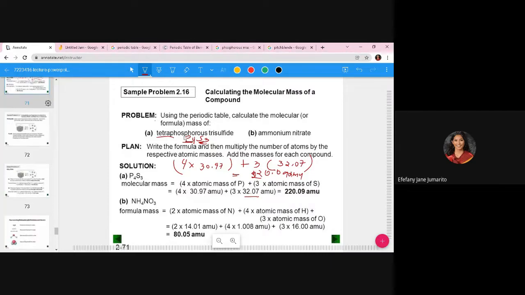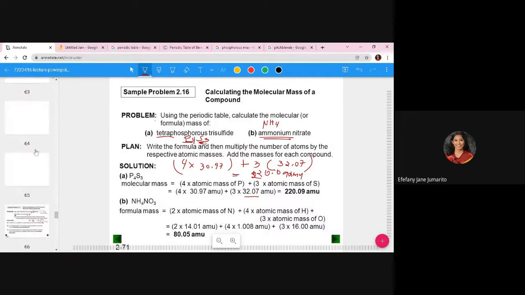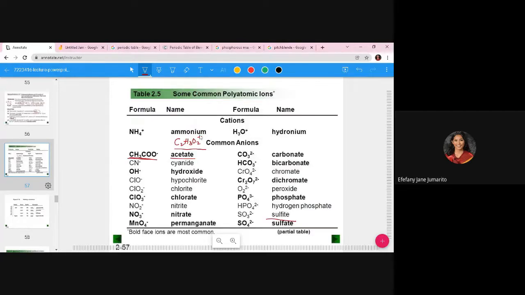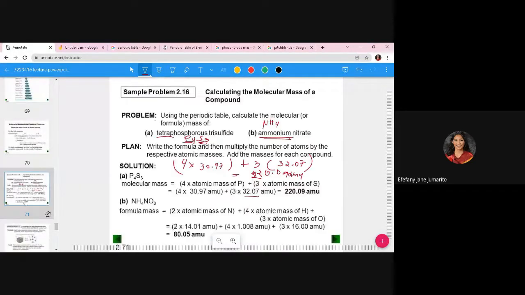Okay na. Now if I ask ammonium nitrate, unsa man ang ammonium? NH4. Asa man ko nakikita ang NH4 ng ammonium? Diri sa list of cations. Okay, NH4. Nitrate. Unsa ang nitrate? NO3 minus. Okay, cross multiply, 1 1 raman siya, no need to write.